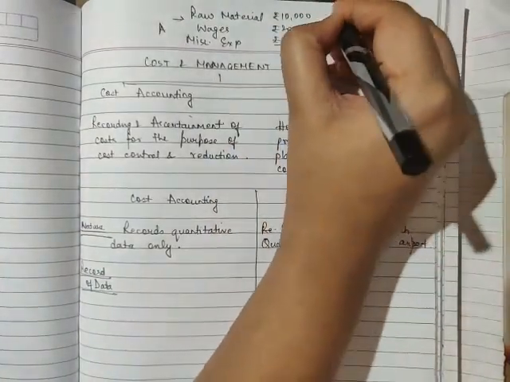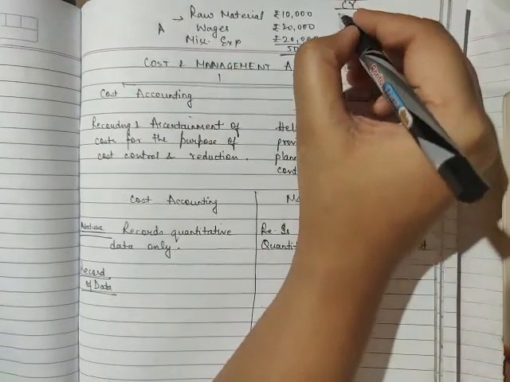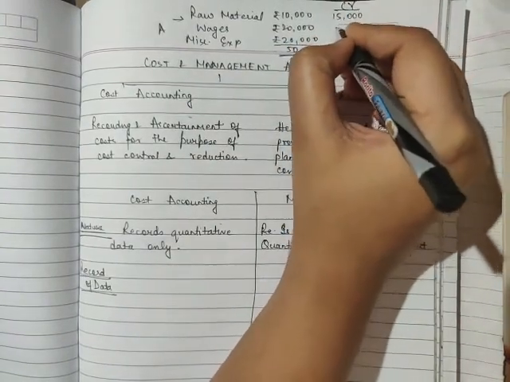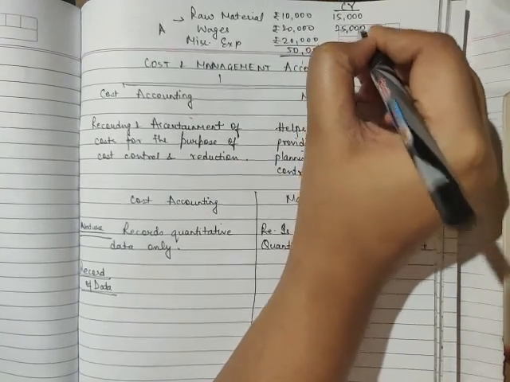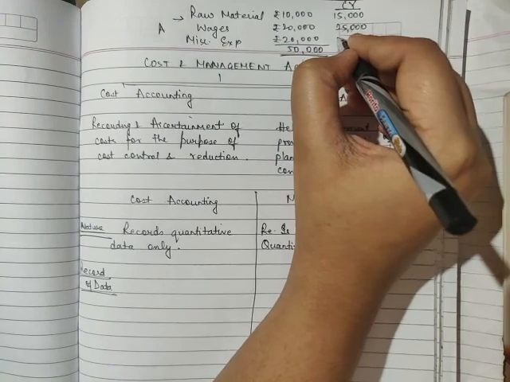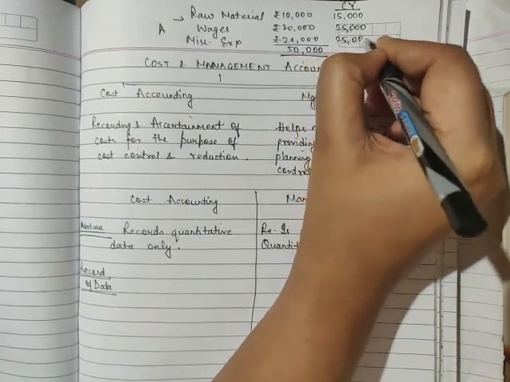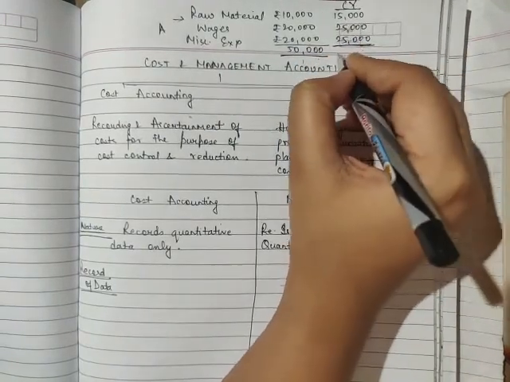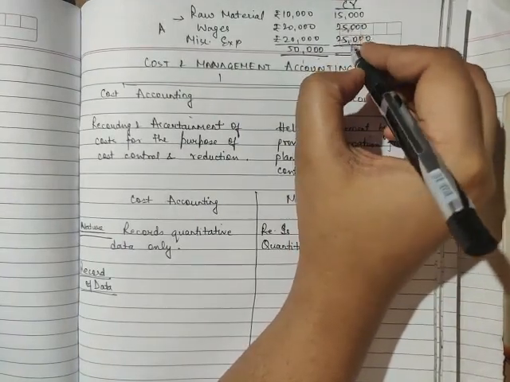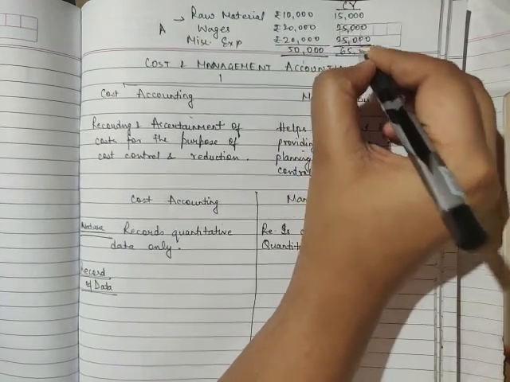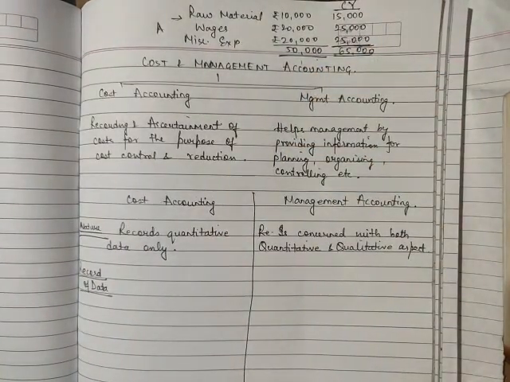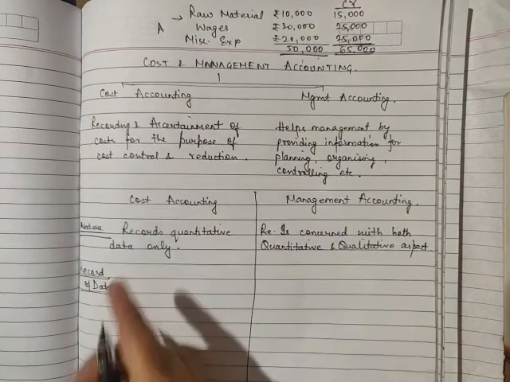Say in the current year, due to inflation, the raw material cost has increased to 15,000, wages have increased to 25,000, and miscellaneous expenses have increased to 25,000 as well. So, we will record the total expenditure of 65,000. Therefore, cost accounting records both past and present figures.